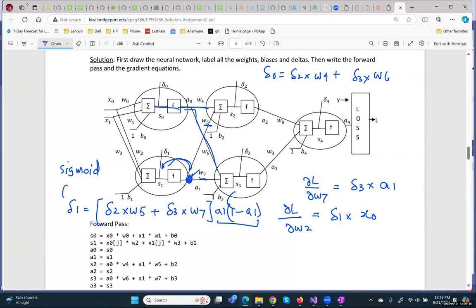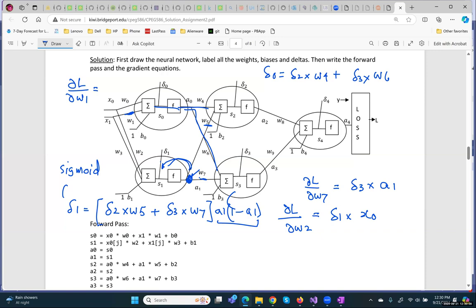Okay, let me ask you one more question. Partial L over partial W1: what will be the equation over here? W1 is up over here, and W1 is only connected to delta 0.